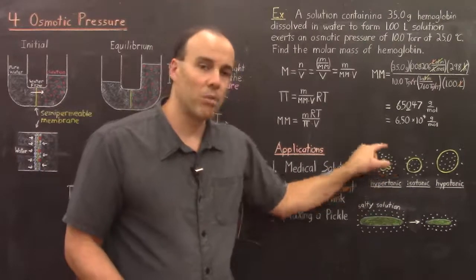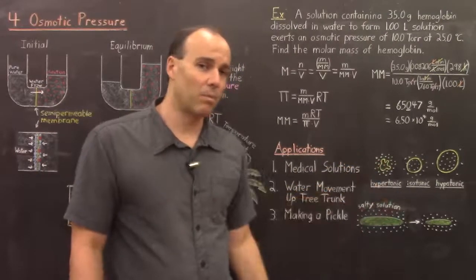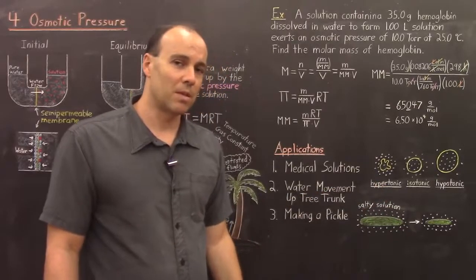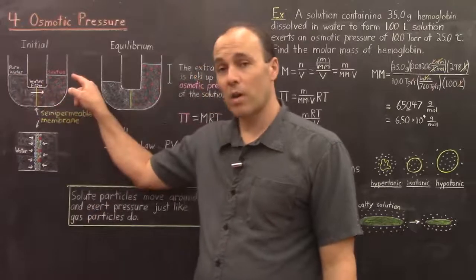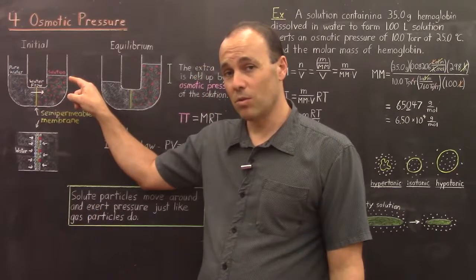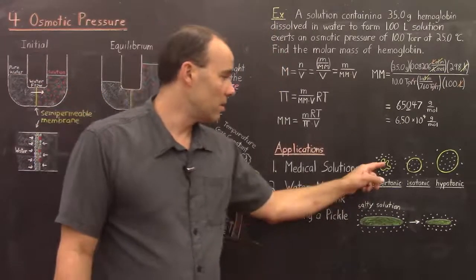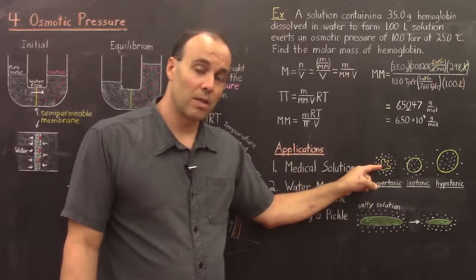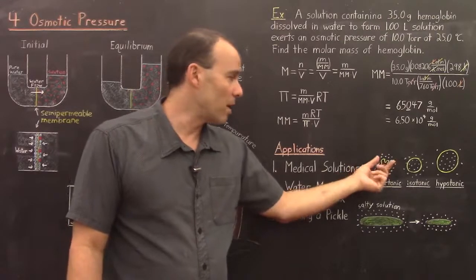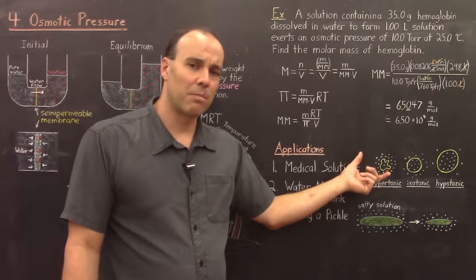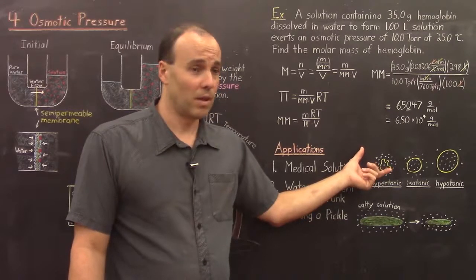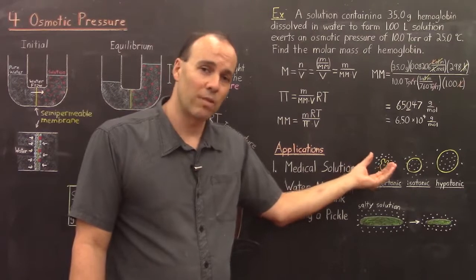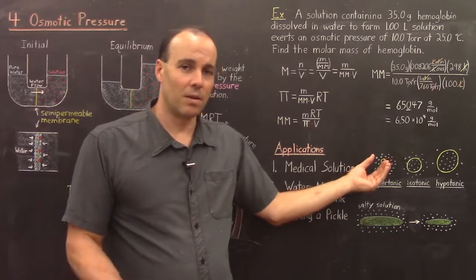Well, this cell membrane can act as a semi-permeable membrane. And what happens, again, solvent will always try to travel to the solution. And so the cytosol fluid inside this cell will end up trying to escape out the membrane and go into the extracellular fluid. And so the cell will end up shriveling up. So you don't want that to happen.